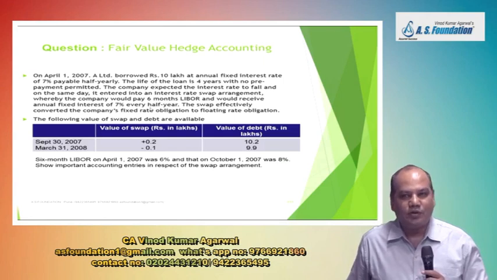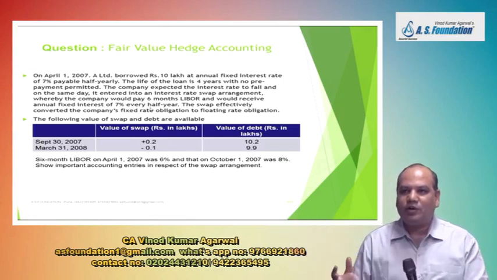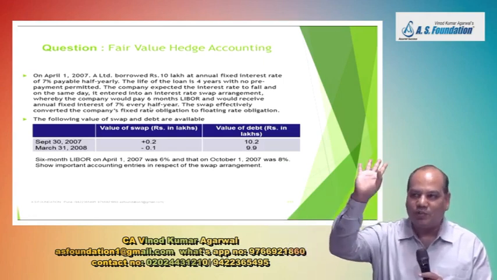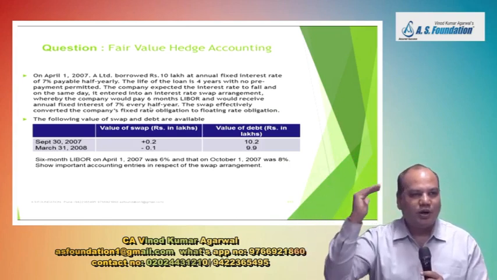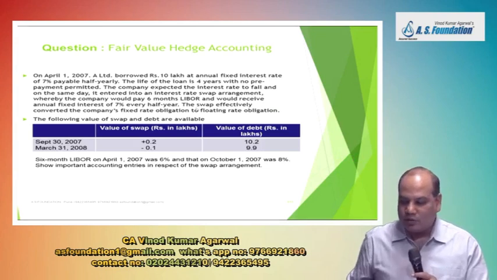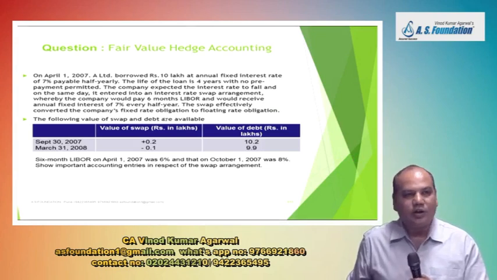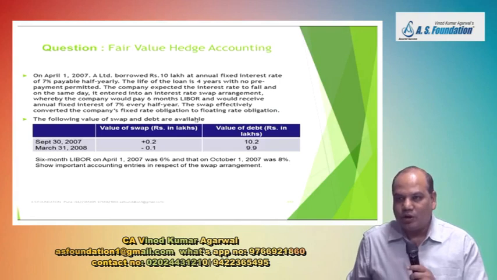Fixed 7% received will be used to pay your original liability, and you will end up paying at a floating rate. The swap effectively converted the company's fixed rate obligation into a floating rate obligation.